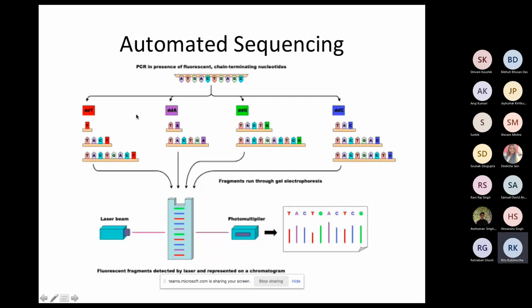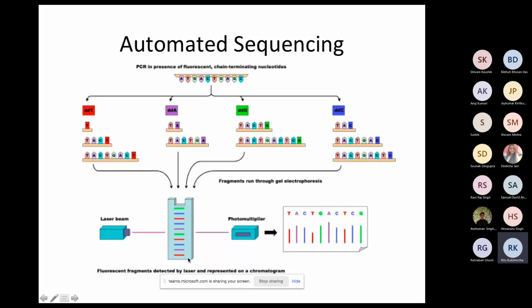Instead of radioactively labeled, they are fluorescent, and each ddNTP has a different fluorescence. So you can differentiate when ddATP is there versus ddCTP, because all have 4 different fluorescence.